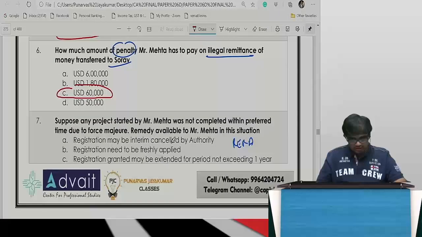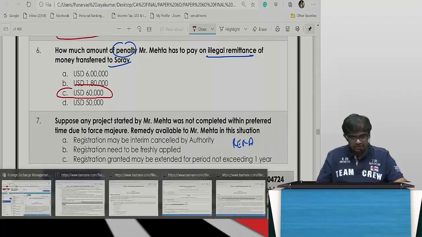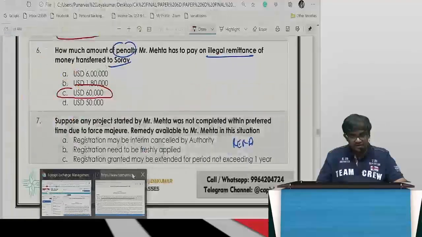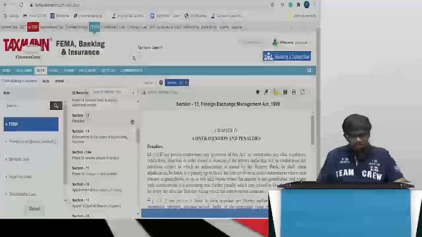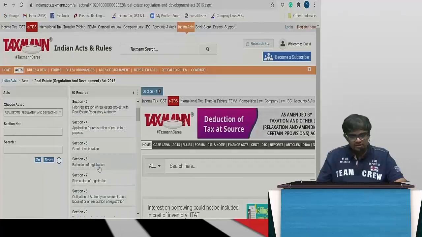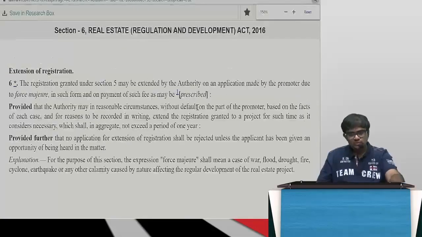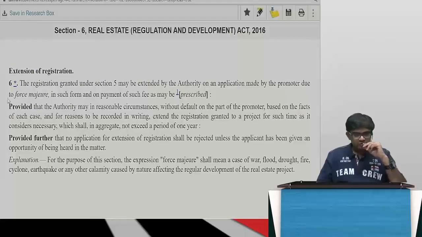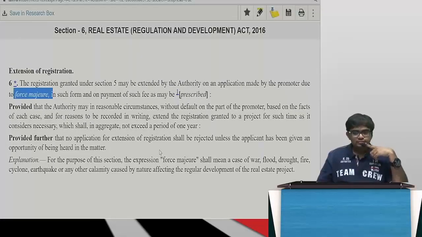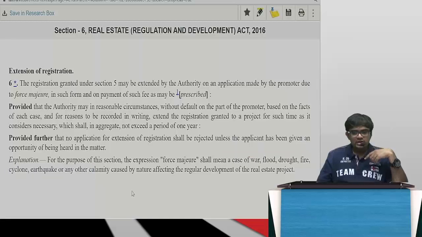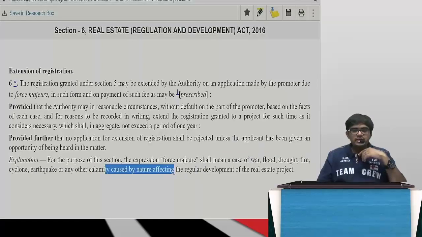Suppose a project was started which was not completed due to force majeure. We discussed already, force majeure comes in RERA, extension of registration. Extension of registration, buddies, is in section number 6. Under what circumstances can you extend? Due to force majeure. Force majeure means what? War, flood, drought, fire, cyclone, or any other natural calamity.